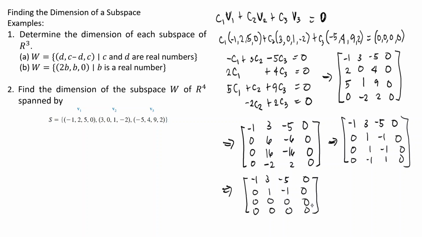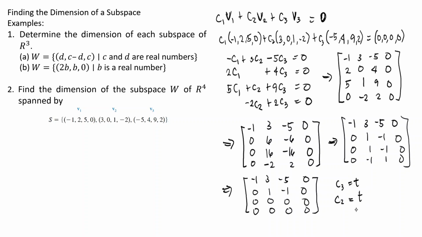Okay, so this implies that the system has infinitely many solutions, and so S is linearly dependent. So if we let C3 equal t, and solve for C2 and C1, from here we have negative C3 transposed on the other side.